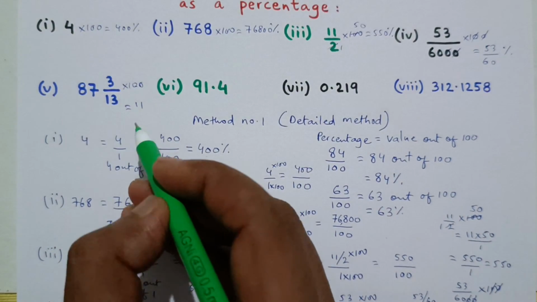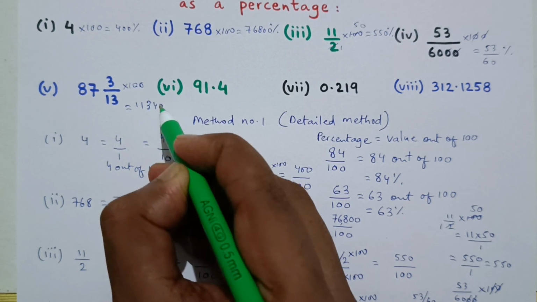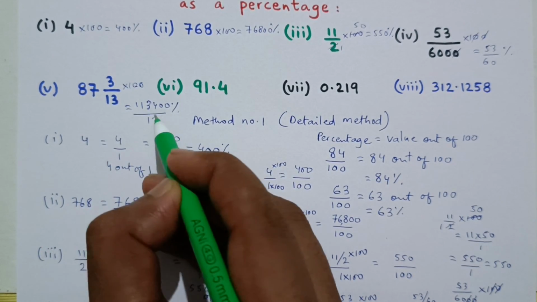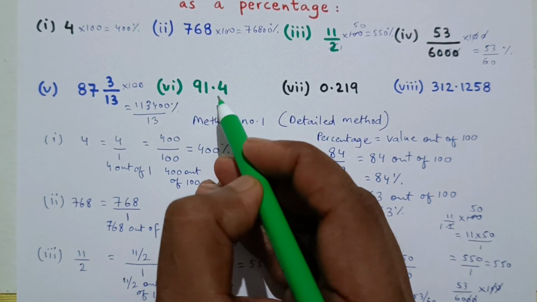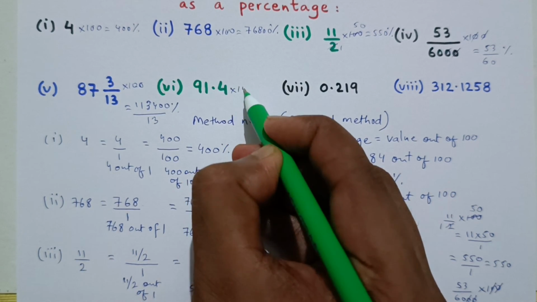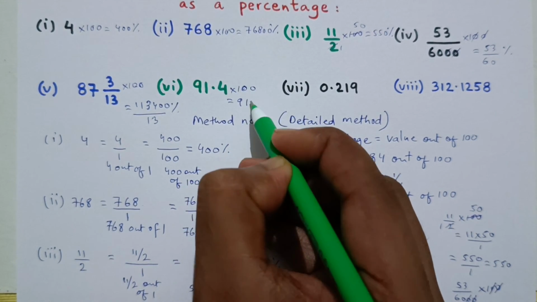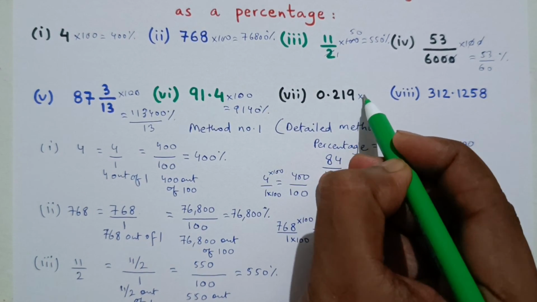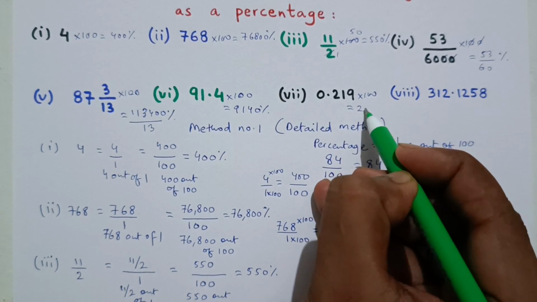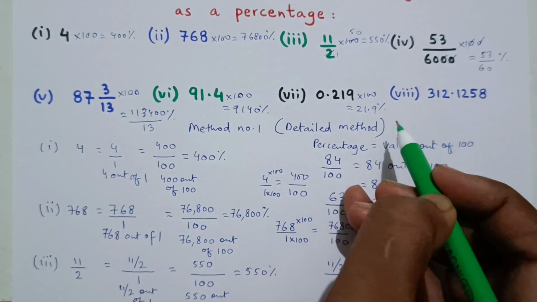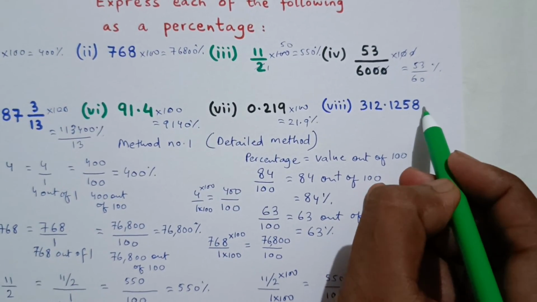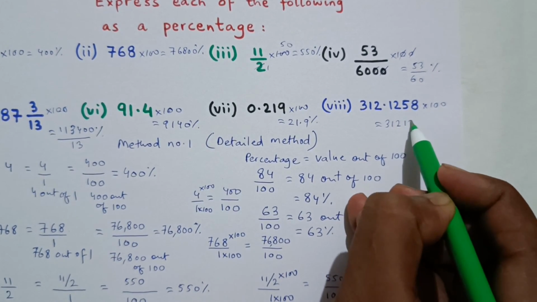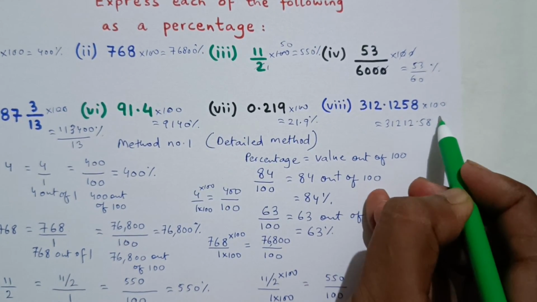So this much percentage. 91.4, if you multiply by 100, you will get 9140, so this much percentage. 0.219, if you multiply by 100, you will get 21.9, so this much percentage. 312.1258, if you multiply by 100, you will get 31212.58, so this much percentage.